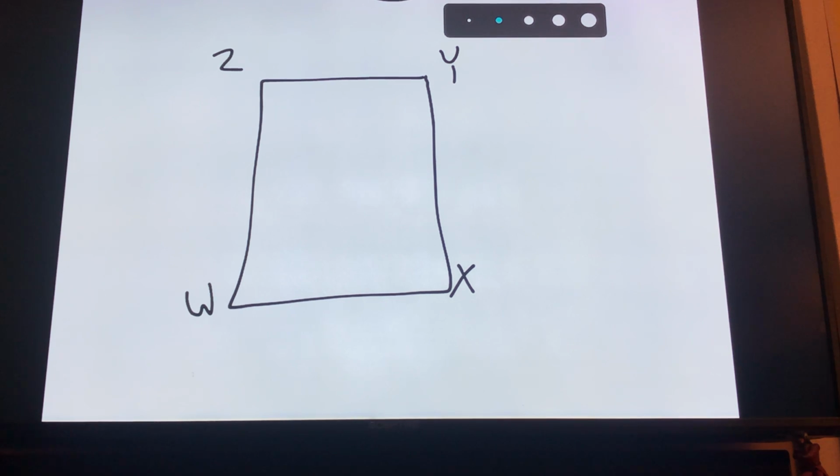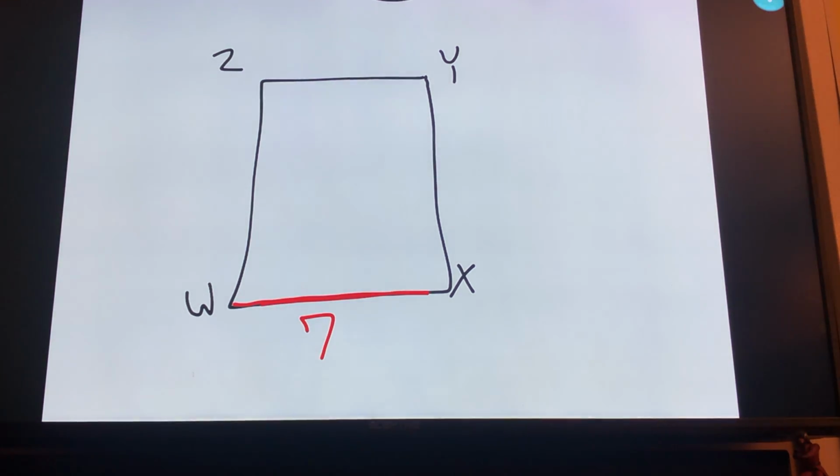That means this whole line here equals 7. Now it tells us that we have WZ. So where's WZ? WZ equals 5.5. So it says find the length of the sides.